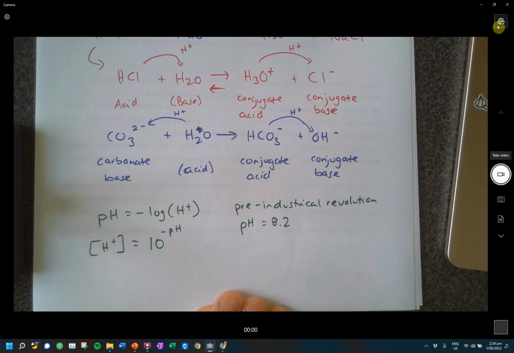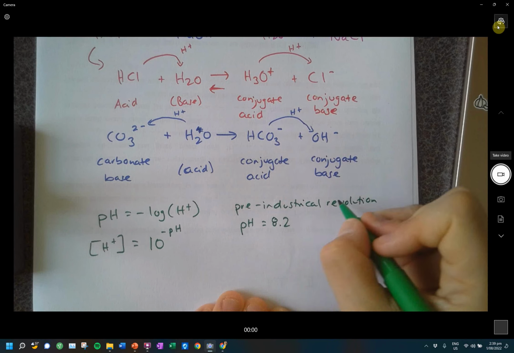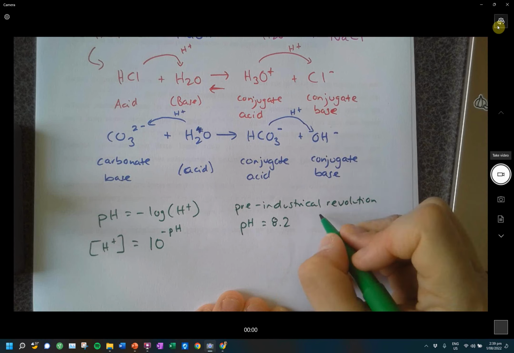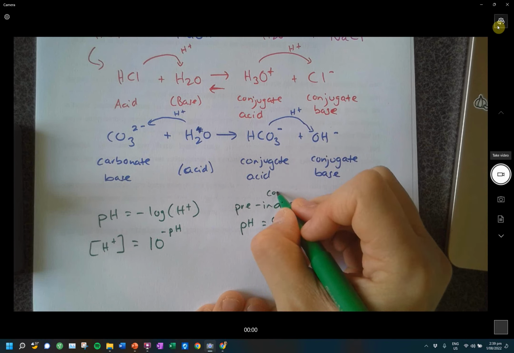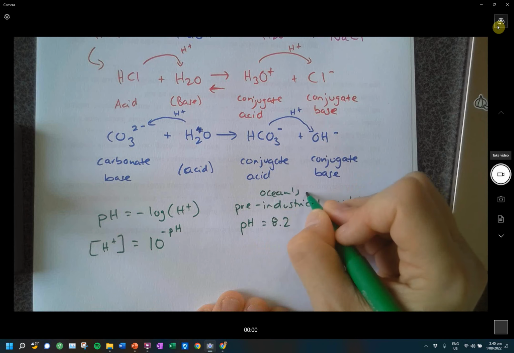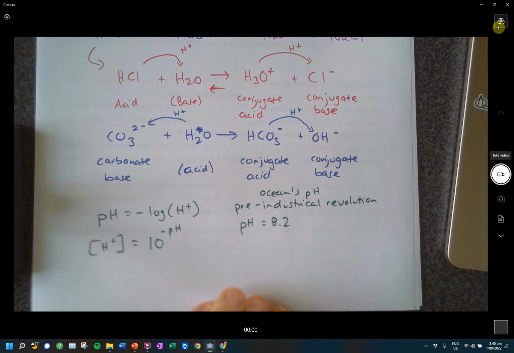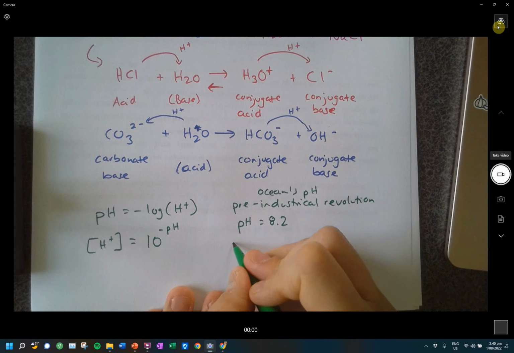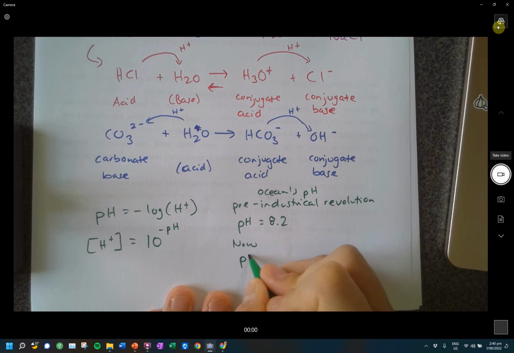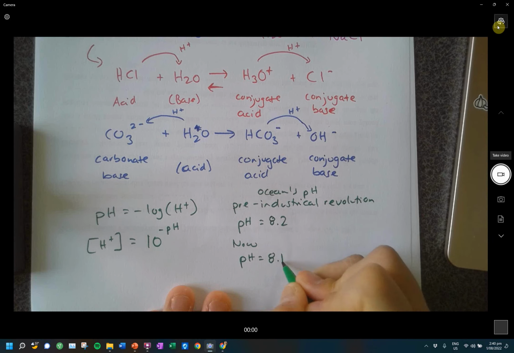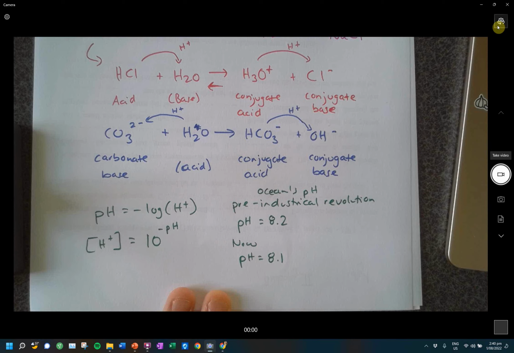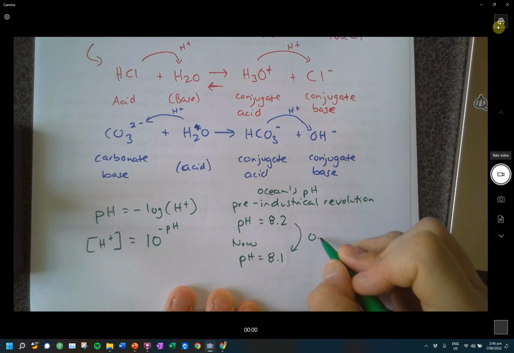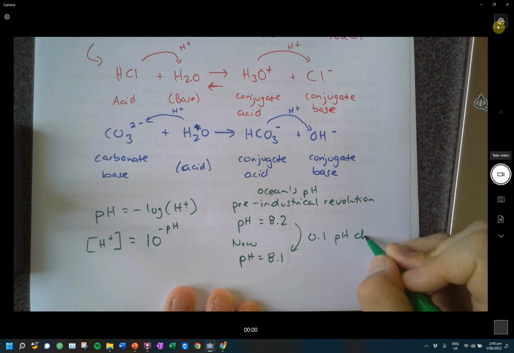So our oceans are a bit basic. So ocean pH pre-Industrial Revolution was 8.2. Now the pH is currently at 8.1. So that is a 0.1 pH change.